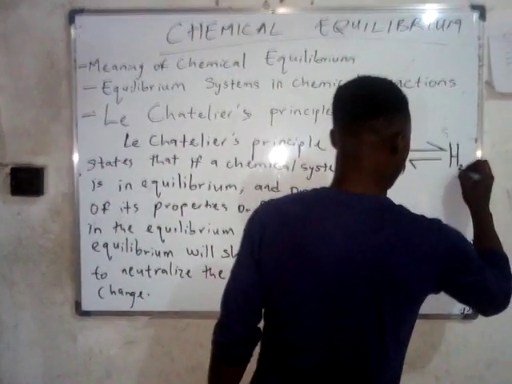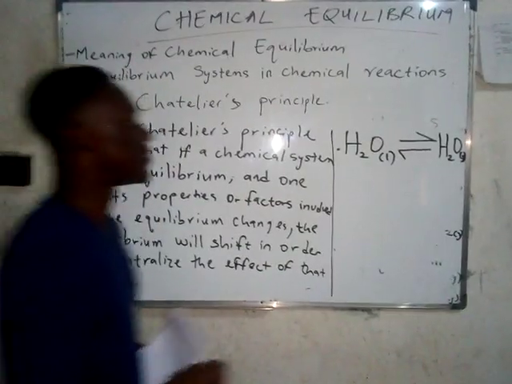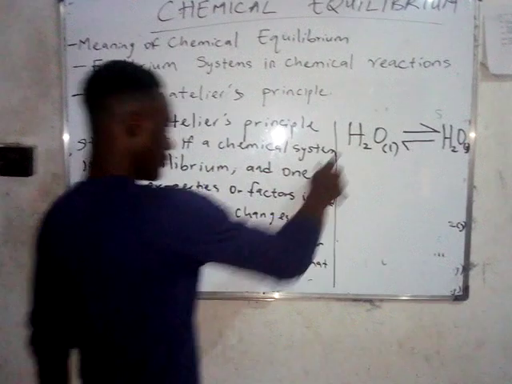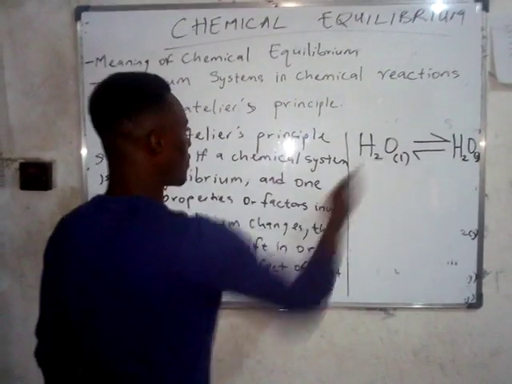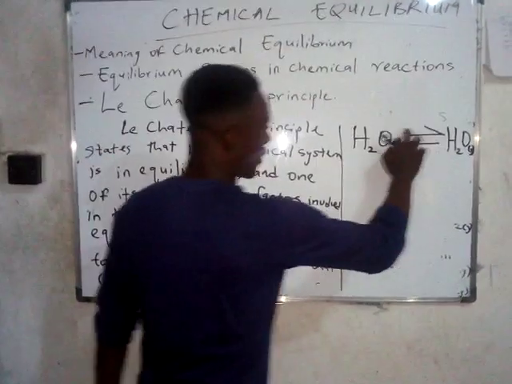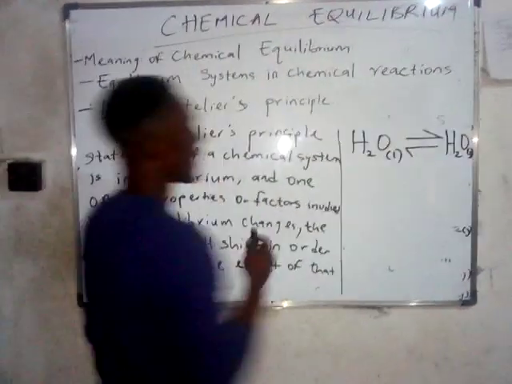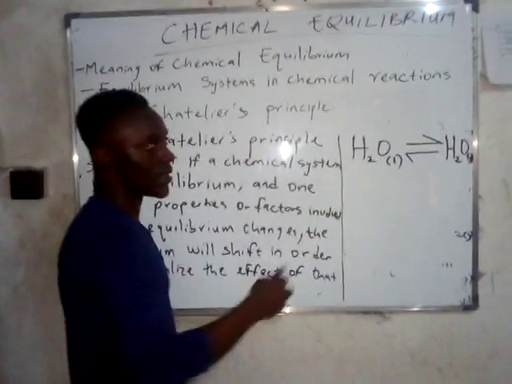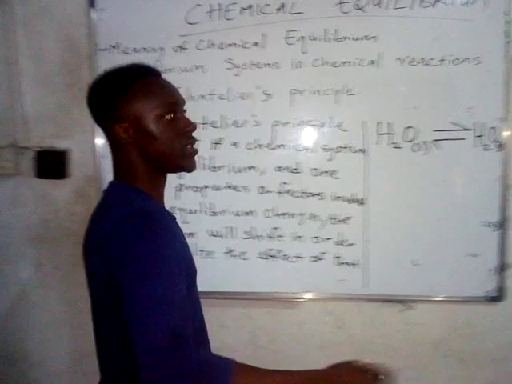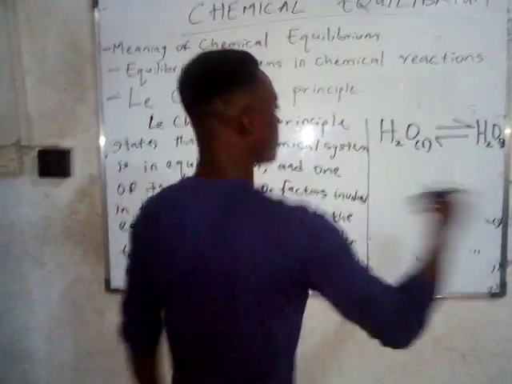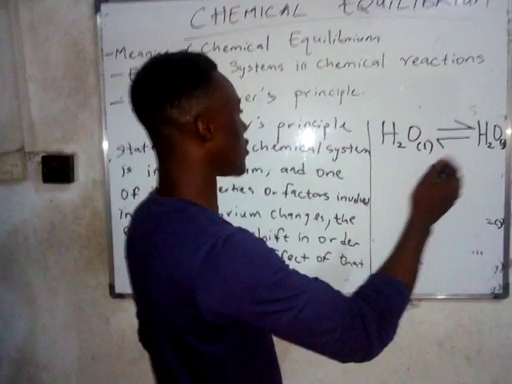So let's have water in its gaseous state, which is steam. For this reaction to occur, the forward reaction, which is the water turning into vapor or steam, the first thing that will happen is that you have to apply a certain quantity of heat. Say you have the water in a vessel and you heat it to a very high temperature, above 100 degrees Celsius.